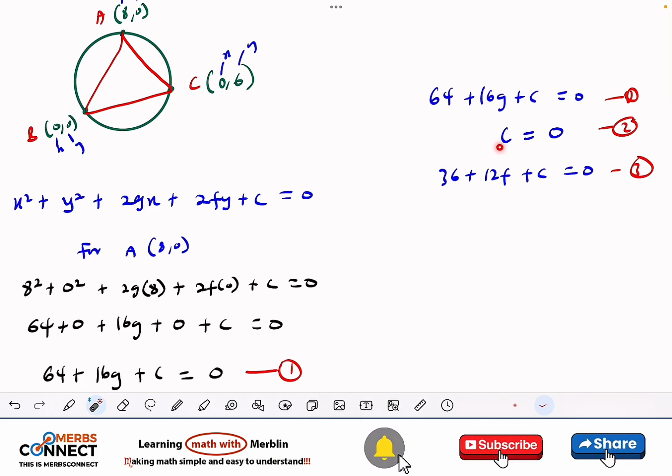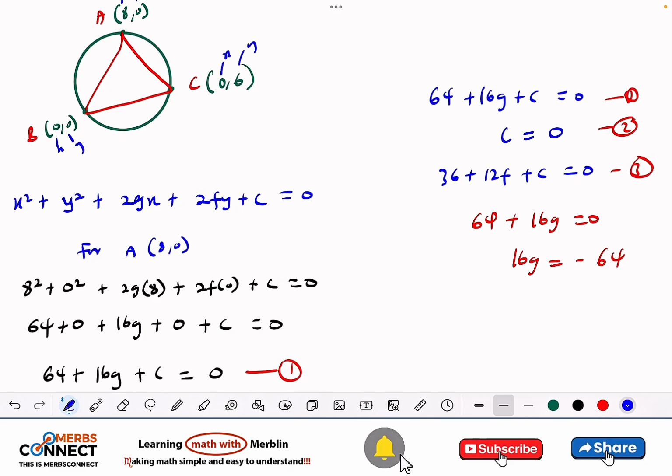Since we have c to be 0, we can plug it in here and plug it here. So now from equation 1, we are going to have 64 plus 16g is equal to 0. And we can see that 16g is equal to minus 64, and we divide through by 16.